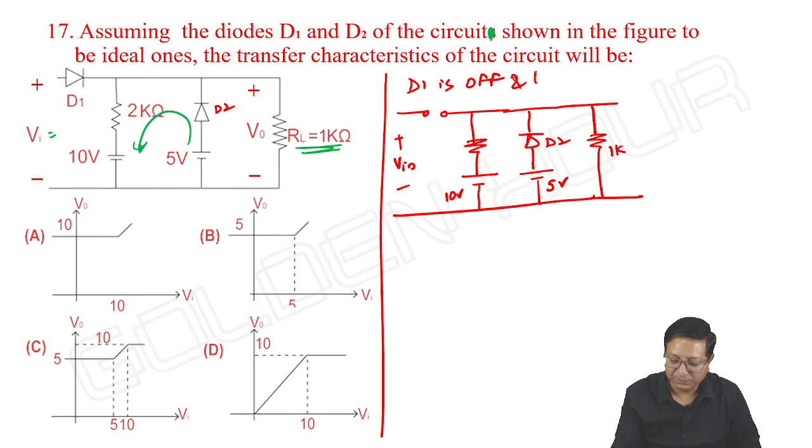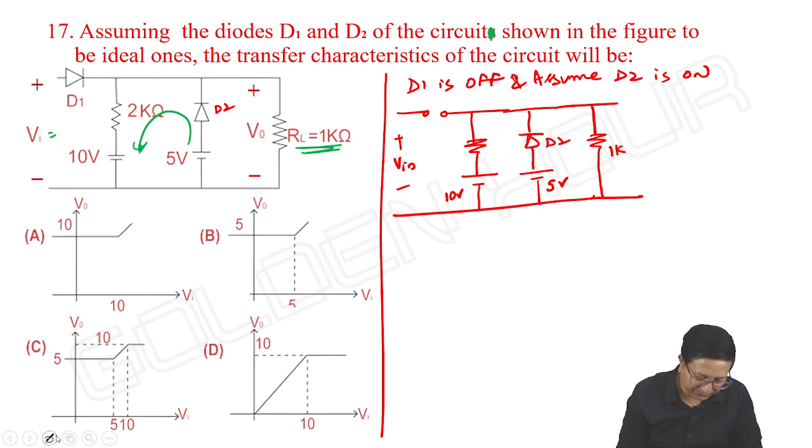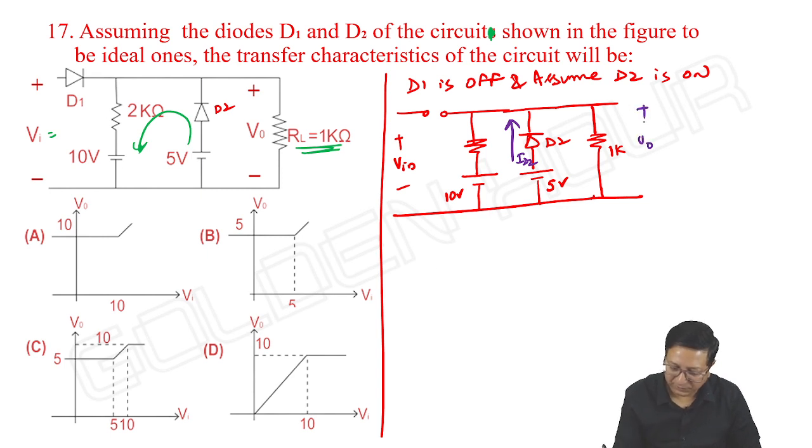Assume D2 is on. Then let us find ID2. This current is ID2, and this is V output.